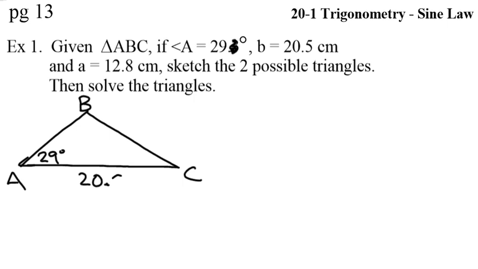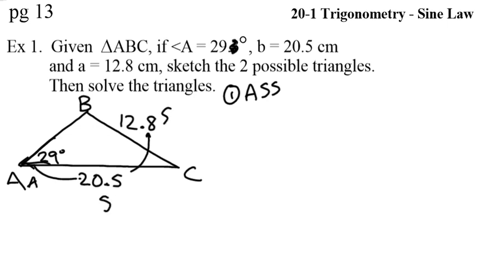And side A is given as 12.8. This question says sketch the two possible angles, which is telling us we have an ambiguous case here. So do we have angle side side? We're given the angle, then the side beside it, and as I keep going around, the next side. So I definitely have angle side side.